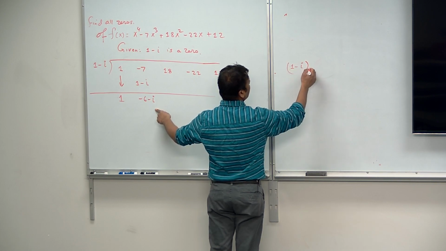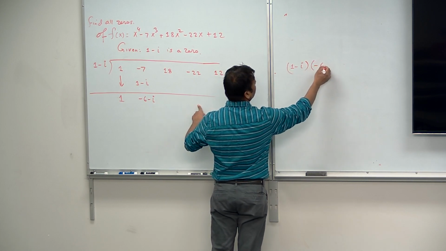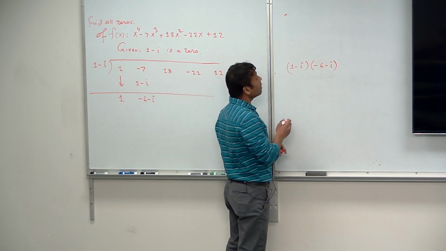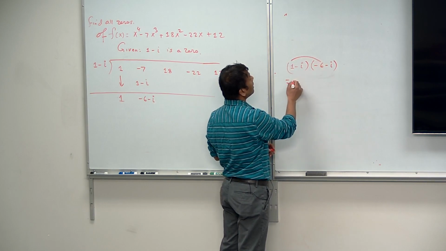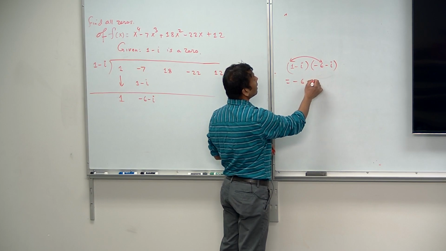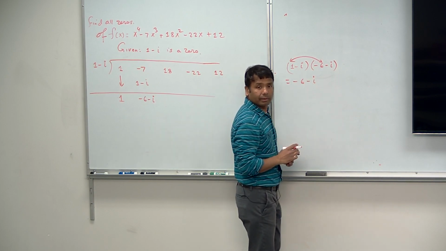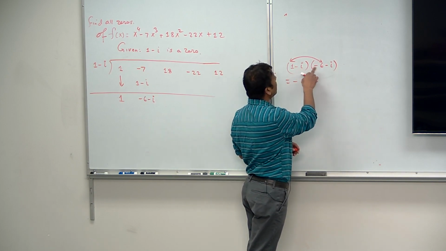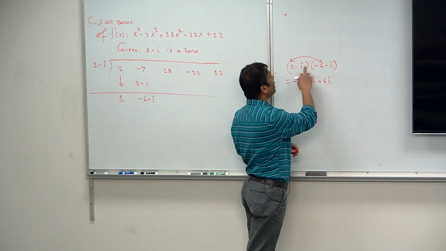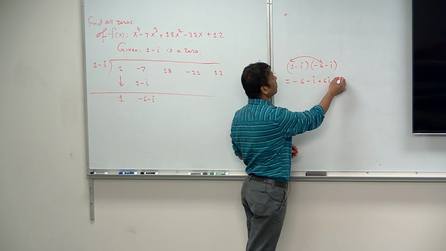Multiply 1 minus i and negative 6 minus i. Okay? So now 1 times negative 6, negative 6. Are you guys with me? And 1 times negative i, right? Negative i times negative 6, positive 6i. Negative i times negative i is positive i squared.